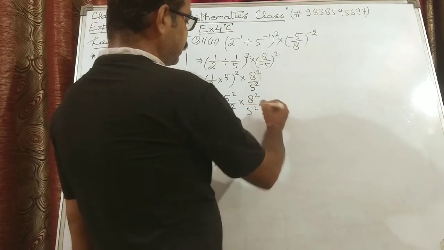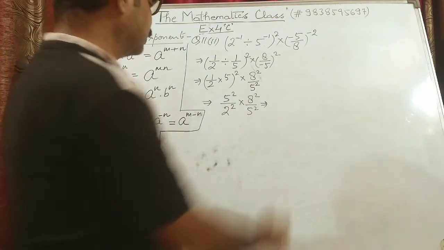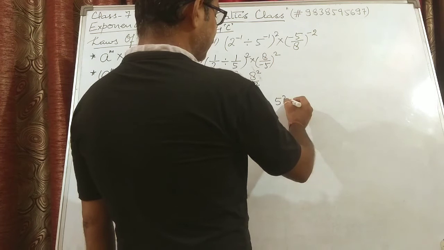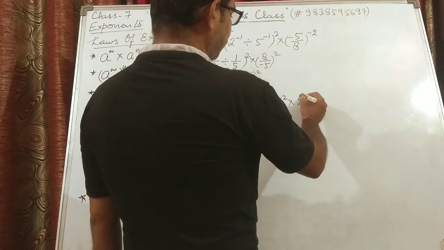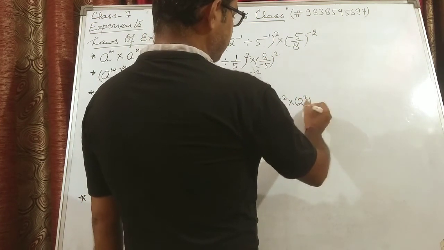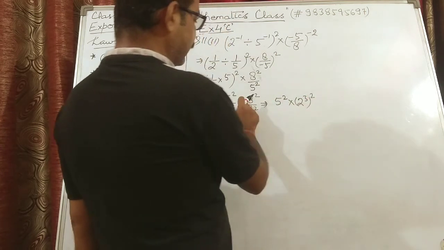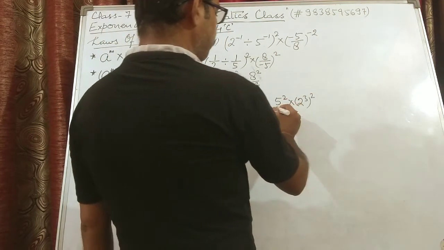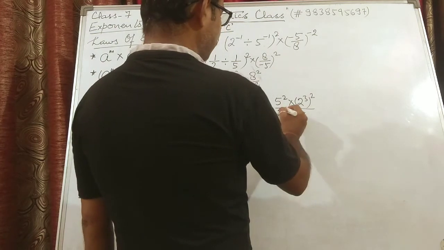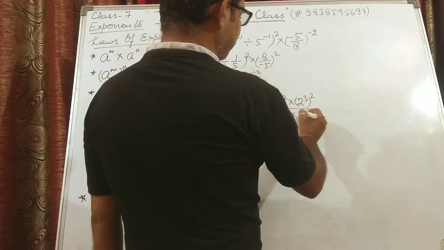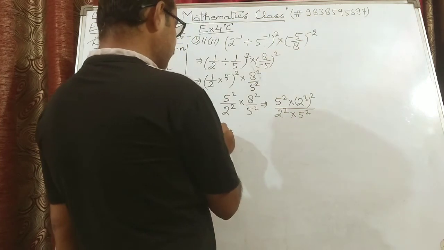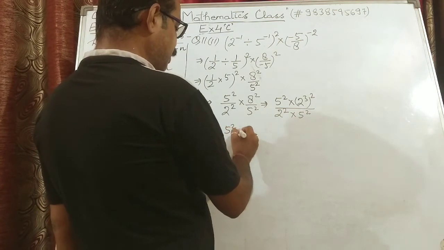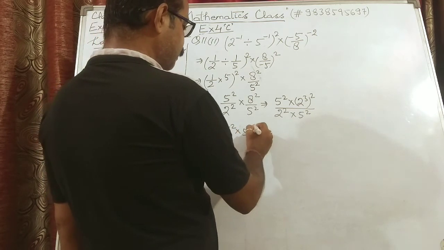Now 8 can be written as 2 to the power 3, and its power is given as 2, upon 2 to the power 2 into 5 to the power 2. It means 5 to the power 2 into 5 to the power minus 2.